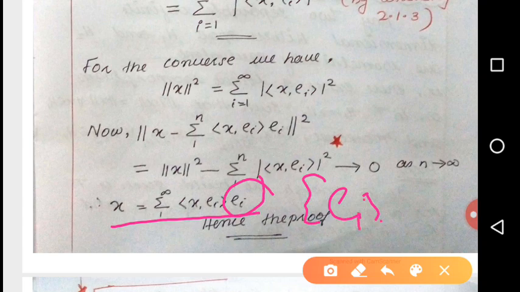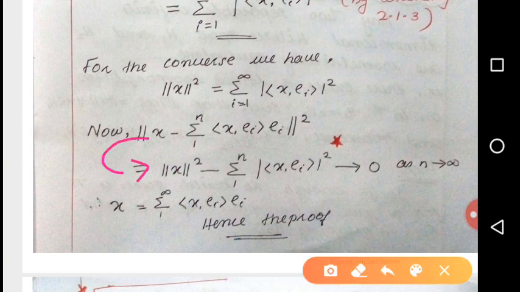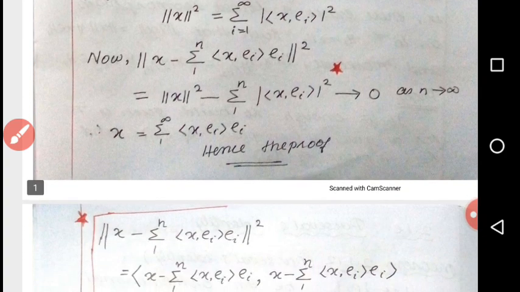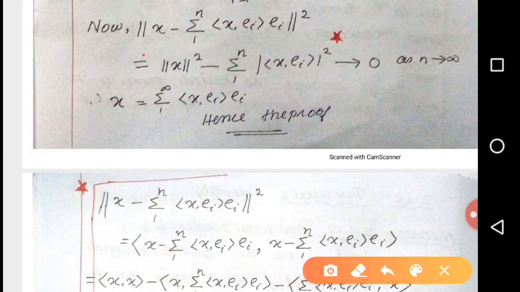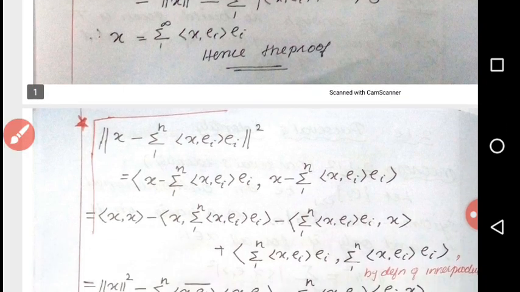Okay. And now let us prove how this equation comes from the second equation. So again we start with this one, the norm of x minus the sum from 1 to n of the inner product of x, e_i times e_i, the whole squared. Since norm x squared is equal to the inner product of x comma x, we can write it like this.